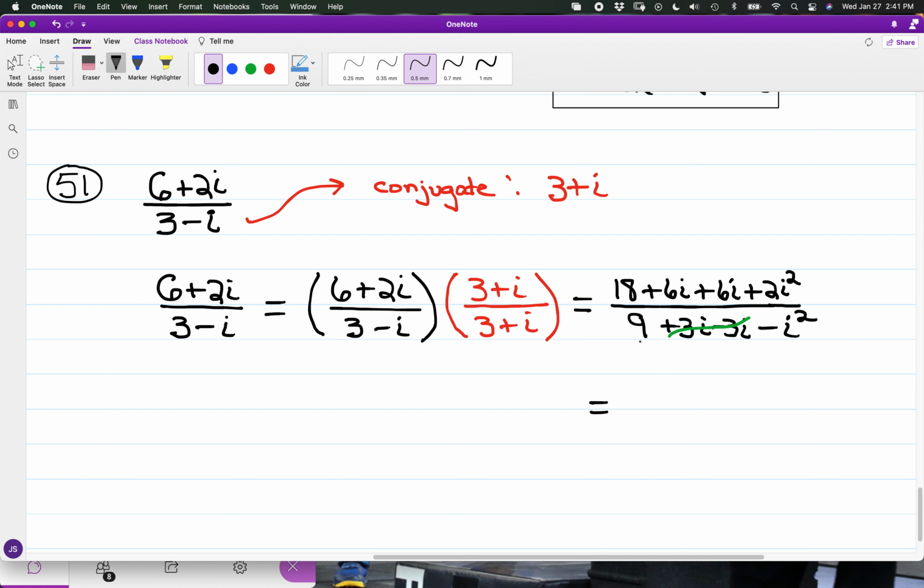And we have, following through, 18 plus 12i. Now again, 2 times i squared is at negative 1. We have 9 minus i squared, so we look at 9 minus negative 1.